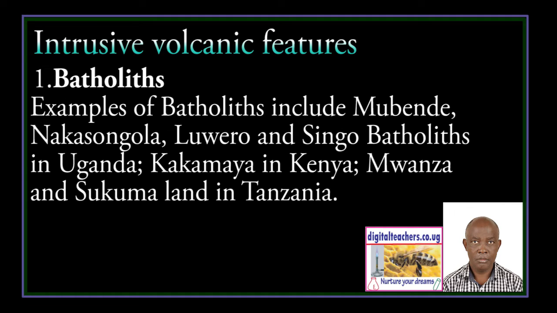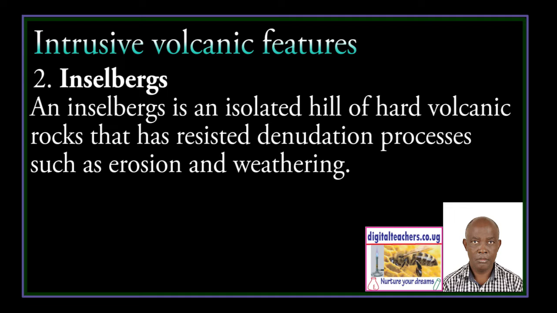Examples of batholiths include Mubende, Nakasongola, Luwero, and Singo batholiths in Uganda, Kakamega in Kenya, Mwanza and Sukumaland in Tanzania. An inselberg is an isolated hill of hard volcanic rocks that has resisted denudation processes such as erosion and weathering.